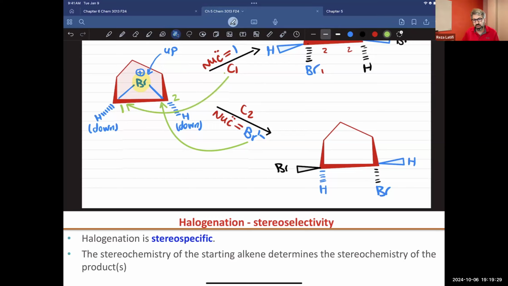And again, what do I get here? Let's assign the configuration. This is going to be 1, this is going to be 2, and that one 3. So this is going to be S. And next one, I go 1, here we have 2, and that one will be 3. So I go 1, 2, this is R, and because hydrogen is facing to us, it is the 4th priority. So this is going to be S.